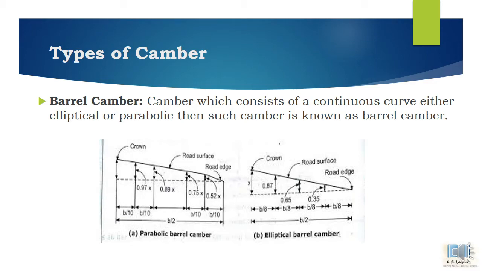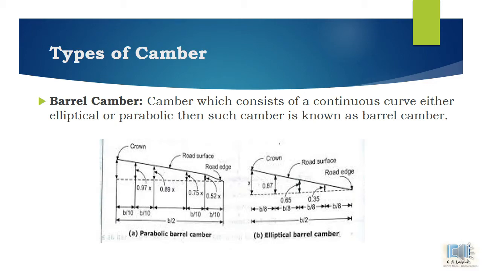Now see, it has a continuous curve from the road edge to the crown, and the distance of this curve is B by 4 or B by 2 from the road edge, and it is divided into 4 parts.